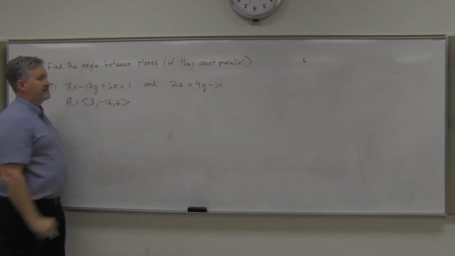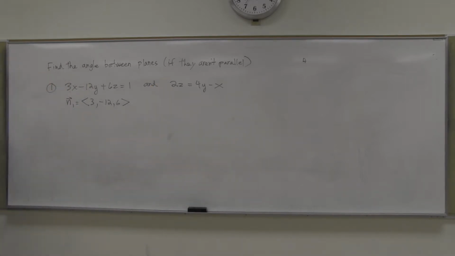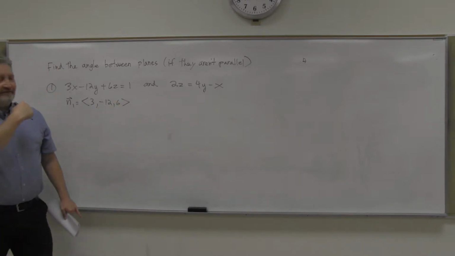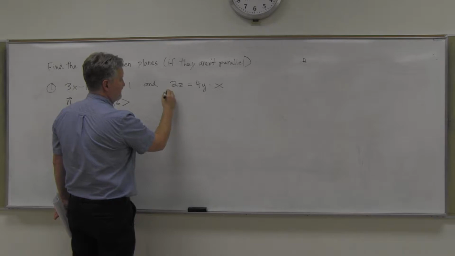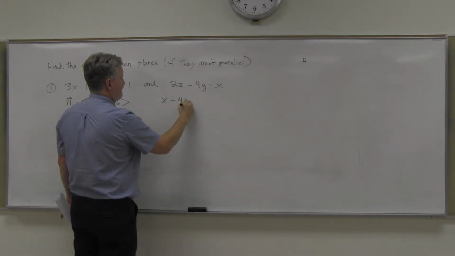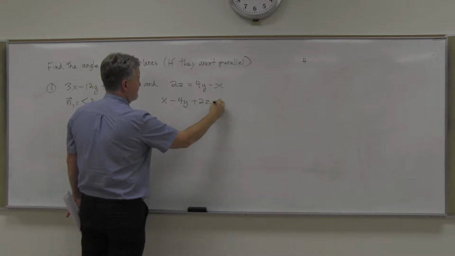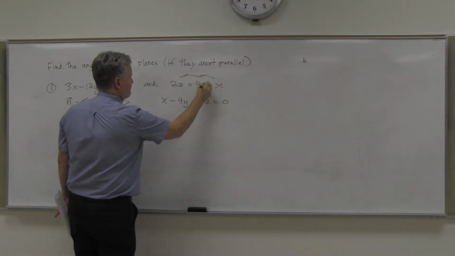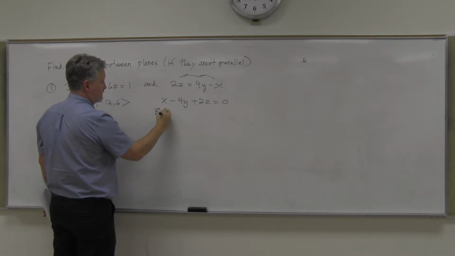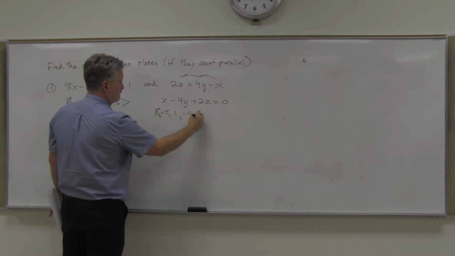Now, sometimes they're a little tricky about it, and they'll give us a plane in a little different format than we need. To get the normal vector from this, we need all the terms on the same side, x, y, and z on the same side. So x minus 4y plus 2z equals 0. So we'll bring those over first. And so we've got the normal vector here, call it N2, is 1, negative 4, 2.